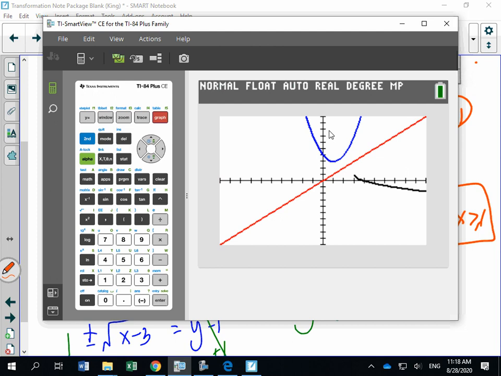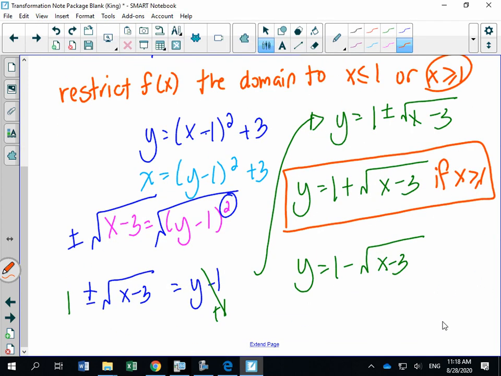So the equation is going to be a function if the domain of the original was restricted to x is less than or equal to 1. So if x is less than or equal to 1 on my original, okay?